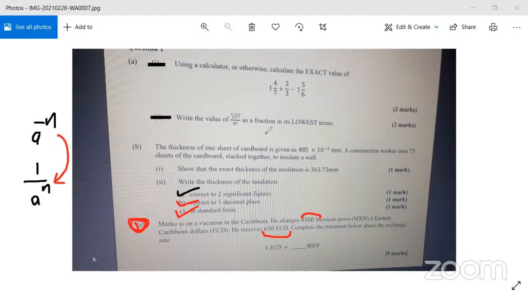So we have 4,500 on this side, called MX, and they say that amount is equal to 630 in terms of ECB.